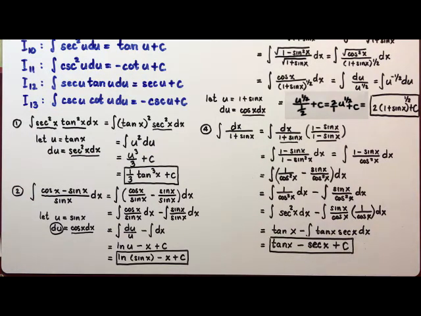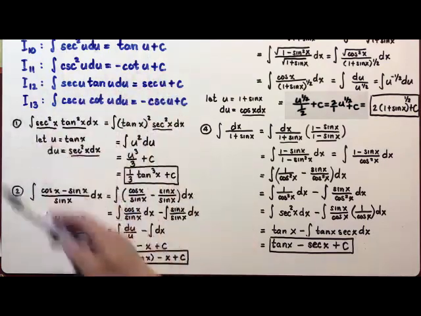And you see, out of our 4 examples, it's only this example that applies some formula here. Because in our third example, it's just an application of the power rule in integration. So it's not a guarantee that when your integrand is in terms of trigonometric functions that you can apply right away these formulas.